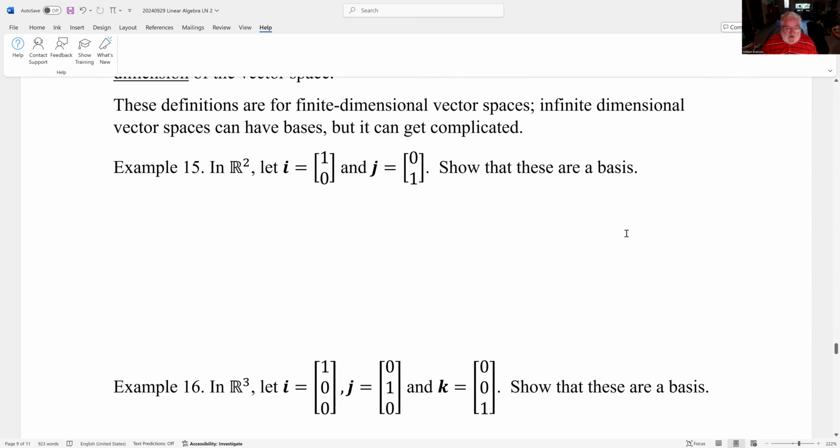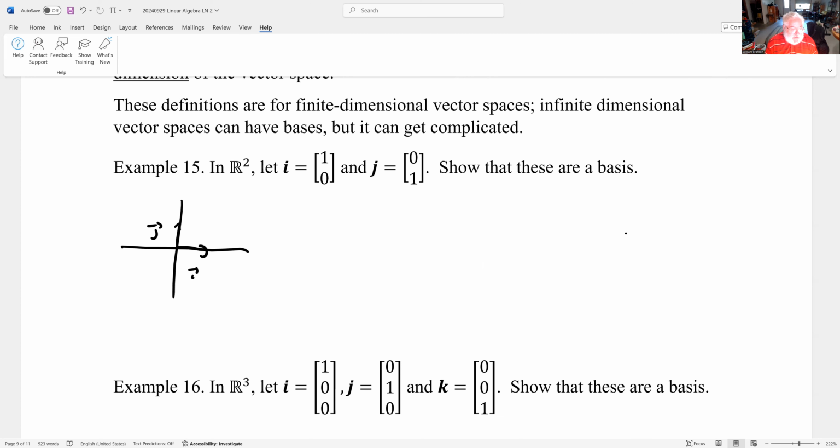Some of these you are familiar with, i and j. i is 1, 0, and j is 0, 1.